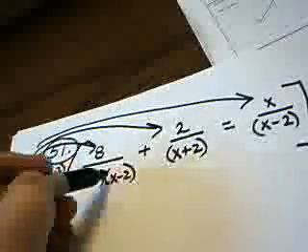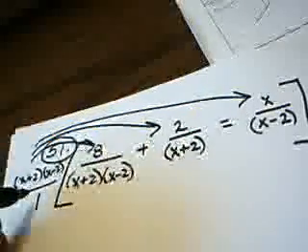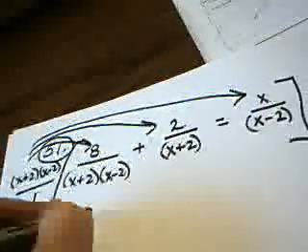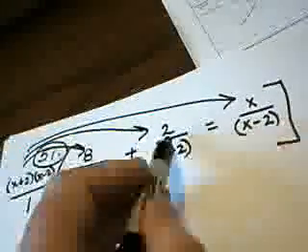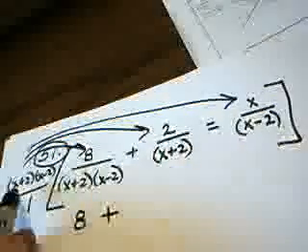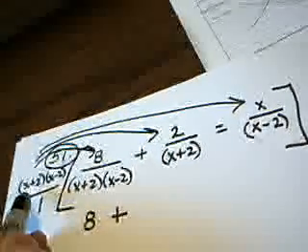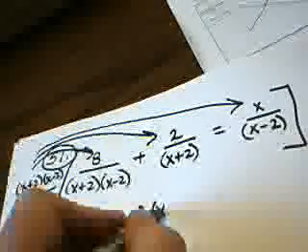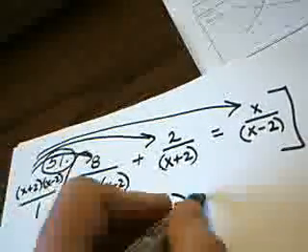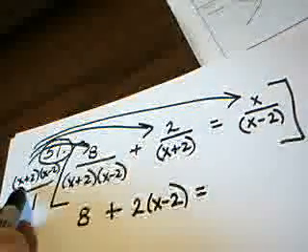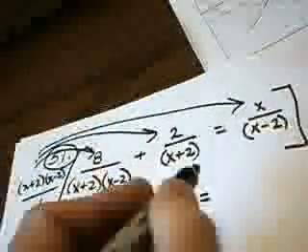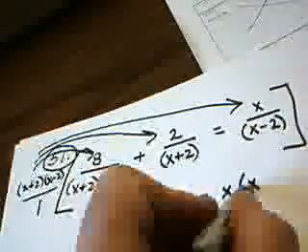When I multiply these together, everything cancels except for the 8. When I multiply the next part by the LCD, the x plus 2's cancel, leaving me with 2 times x minus 2. And when I multiply this expression by the LCD, the x minus 2's cancel, leaving me with x times x plus 2.